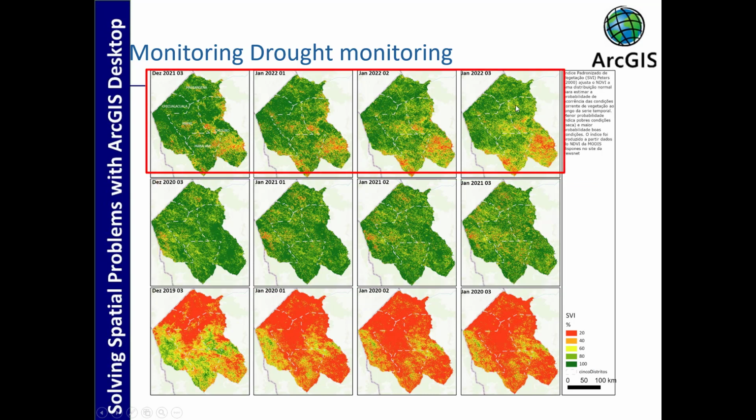Again, green is good condition, red is bad condition. So we can see that we expected to have drought in 2020. In 2021, everything was good. In 2022, everything was good, but we have some spots where we didn't expect good vegetation condition. And in the area where they use rain-fed agriculture that depends on rainfall, if the vegetation is not good, we expect famine, hungry people who will not produce food.